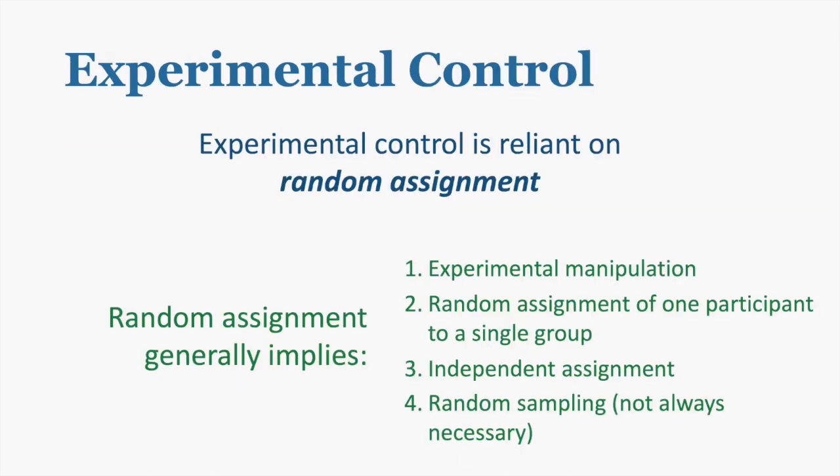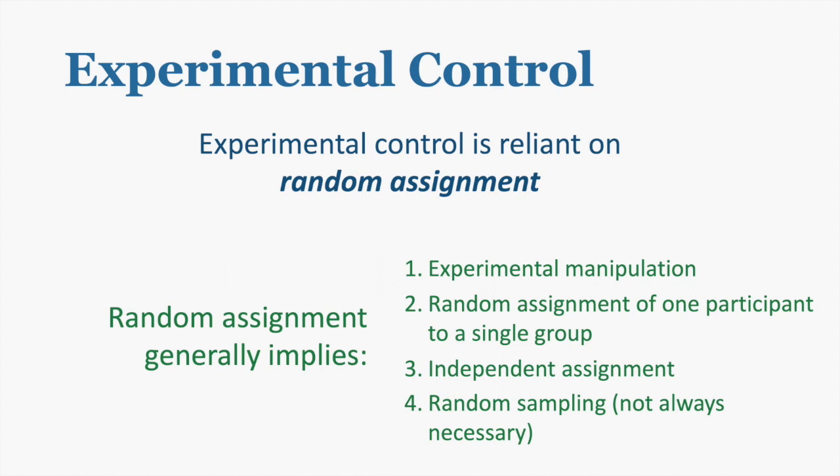So experimental control relies, first of all, on random assignment. You need to randomly assign someone to a group. Otherwise, you really lose the power of experimental control. When it comes to random assignment, this generally implies the experimental manipulation is happening. There's some group that's being changed, intervened with.